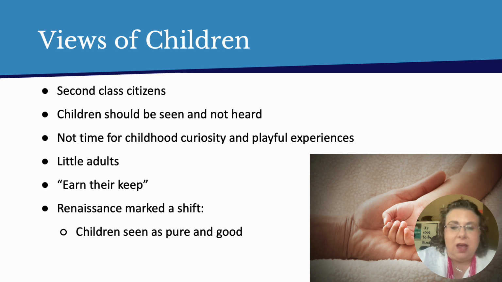For most of Western history, children were just thought of as little adults. They were second-class citizens. They didn't have as much earning power. They didn't have as much brain power. They were easily distractible. They should be seen and not heard because they did not know as much as their elders.